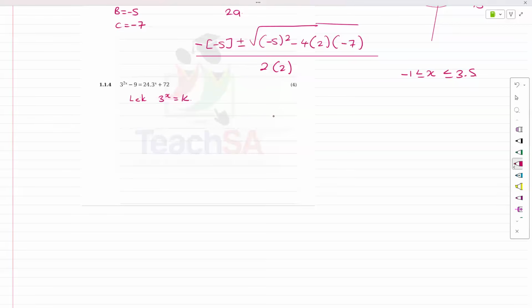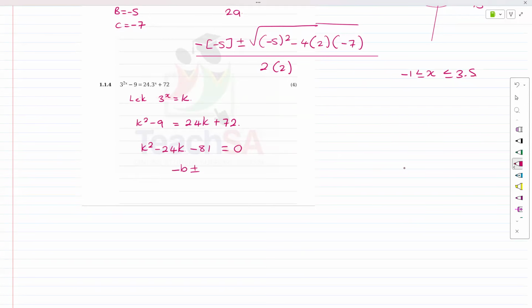I think that makes it easy. So we end up with k squared minus 9 equals 24k plus 72. Let's rearrange. We end up with k squared minus 24k, because I'm going to take the plus over, minus 9 minus 72 is minus 81, and that equals 0.